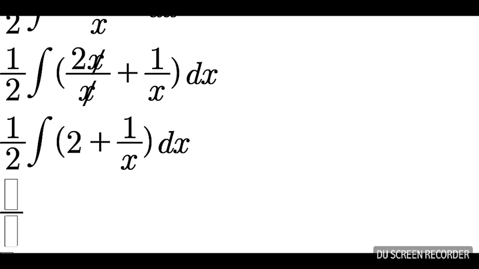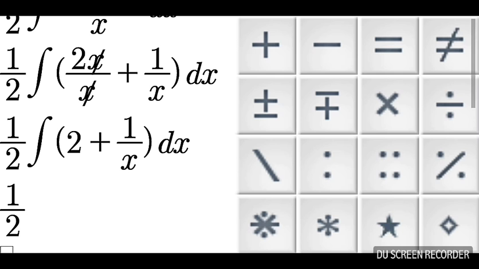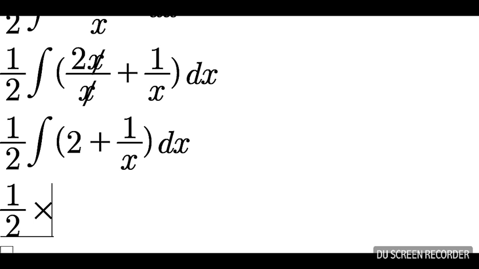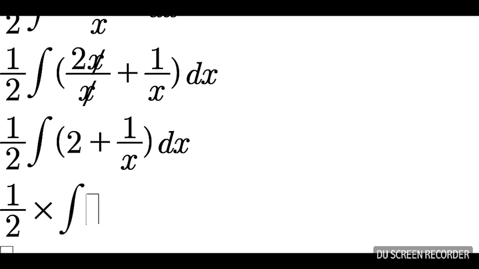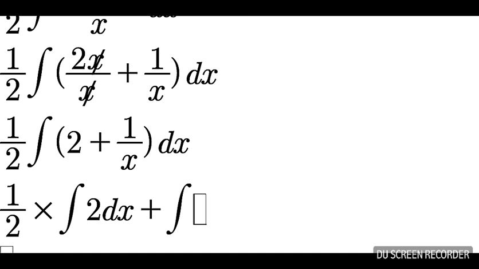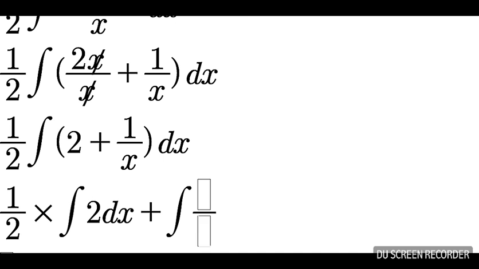So I have half, that's 1 over 2, times integral 2 dx plus integral 1 over x dx.